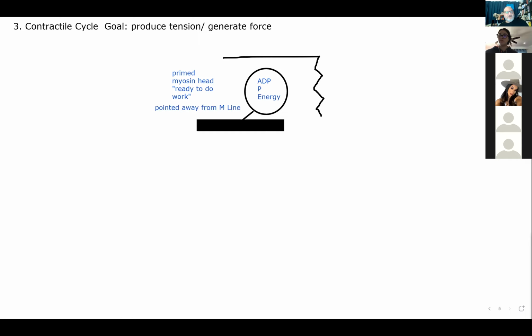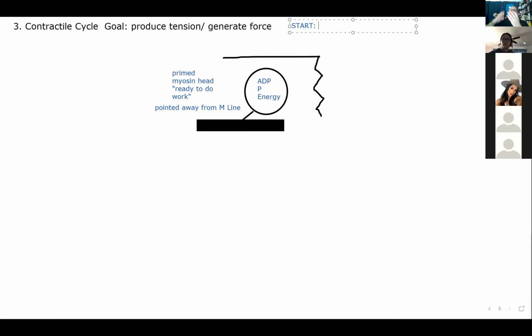Perfect. I think, yeah, we'll make this work. All right. Now, remember, it's ready to do work, but when does the work begin? How do we start this process? How do we start the contractile cycle? Well, doesn't the calcium have to bind to the troponin?